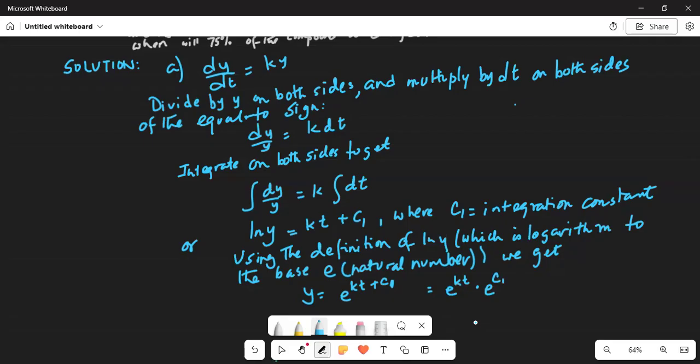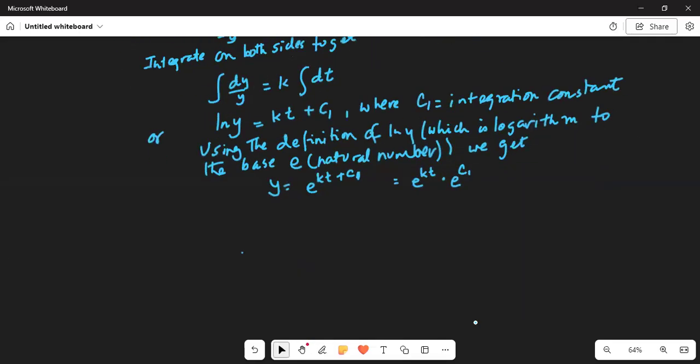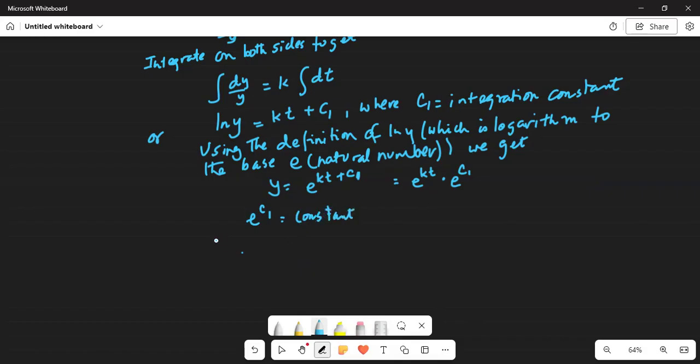And e itself is constant, e to the power of c1 is a constant term, because c1 is an integration constant and e itself is a natural number. Hence, y is equal to c e to the power of kt, where c is equal to e to the power of c1, which is a constant.